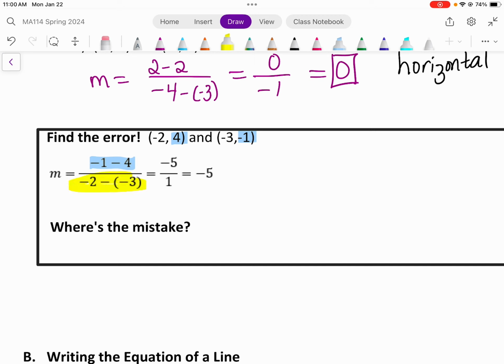If you start by taking negative 1 and then subtracting 4, your y's need to be in the exact same order, or your x's need to be in the exact same order. So you need negative 3 take away negative 2. If your order is backwards, that results in a sign error for your slope. So our slope should actually be negative 5 over negative 1, which is a positive 5.